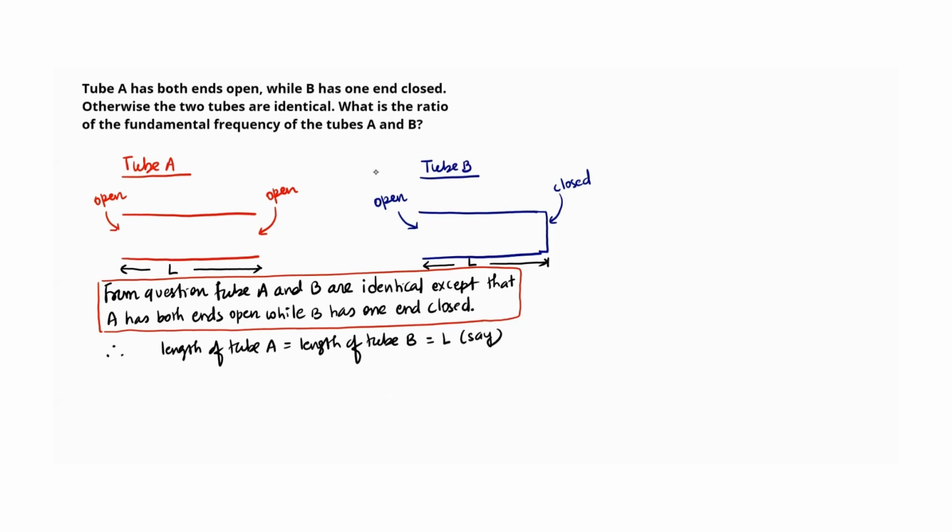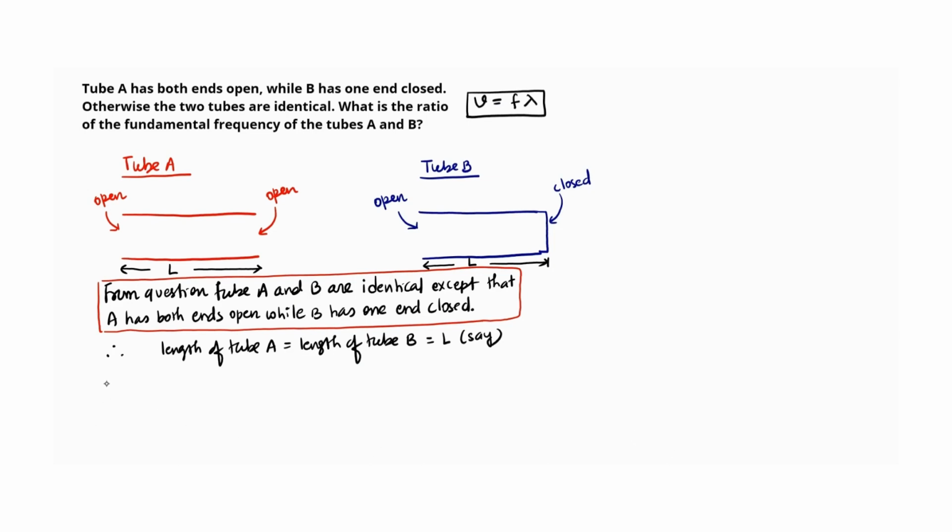Now, we are asked to find the ratio of the fundamental frequency. So in order to find fundamental frequency, we use this relation, okay? Speed V equals F times lambda. Clear?